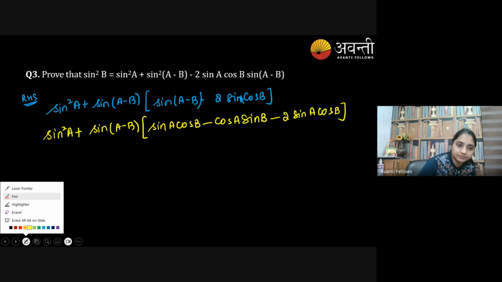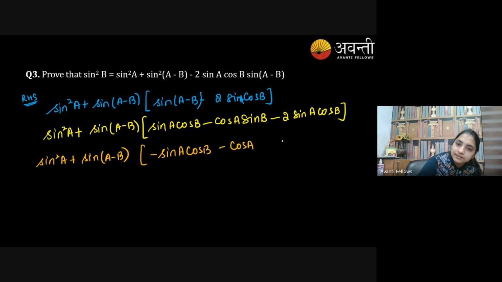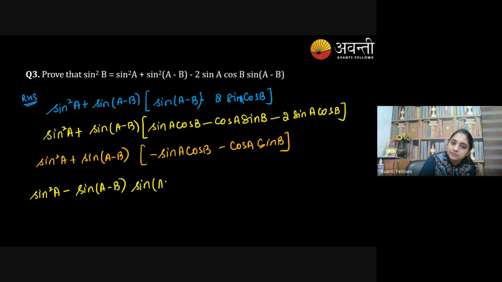So sine square a plus sine of a minus b remains the same. It will become minus sine a cos b minus cos a sine b. Right, dear? So minus is taken as common. So sine square a minus sine of a minus b. How many of you agree I can write it as sine a plus b?